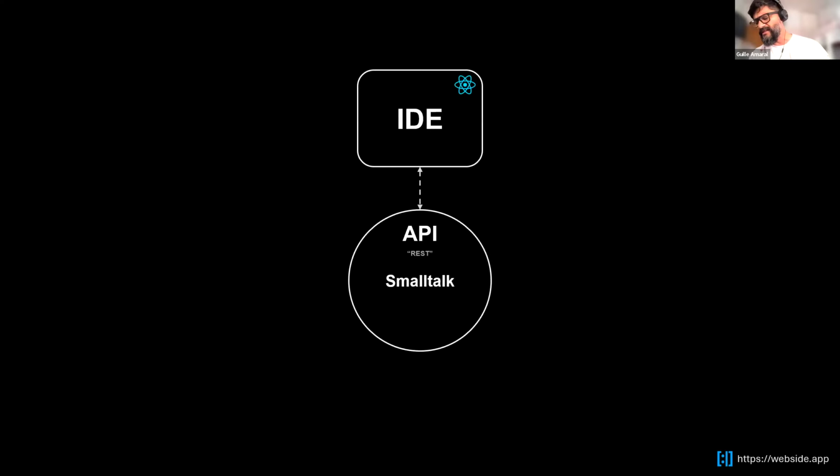The most important piece of this project became an API, a REST, quote unquote, REST API that aims at standardizing the way we can communicate to a Smalltalk system, provided that a Smalltalk system has some good properties such as high reflexivity.